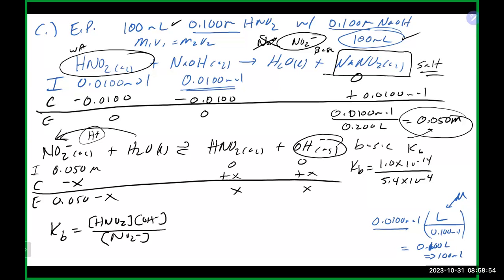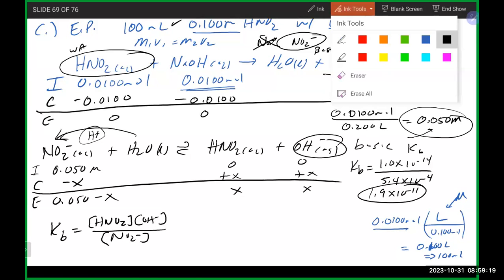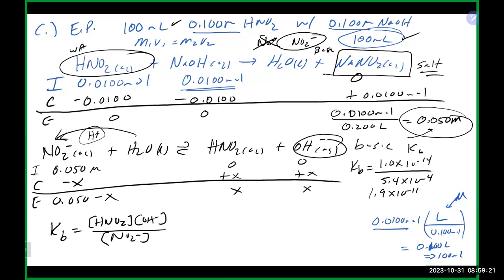So that's going to get us 1 times 10 to the minus 14 divided by 5.4 times 10 to the minus 4. We're going to go with 1.9 times 10 to the minus 11. So a really important thing people always sort of forget at this point is they just roll with that Ka value that they were given, which obviously would not be good. And I did it backwards. I knew I did. That's all right. Thanks for not telling me. That's all right. Wanted to wait until I got further down in the calculations.